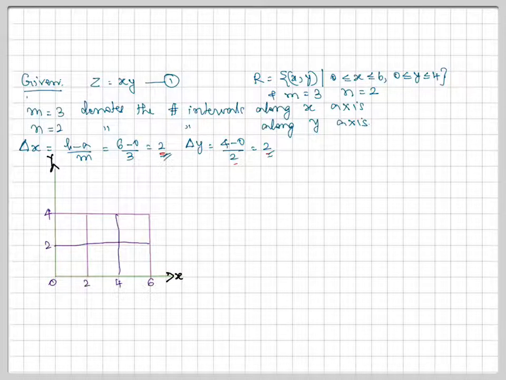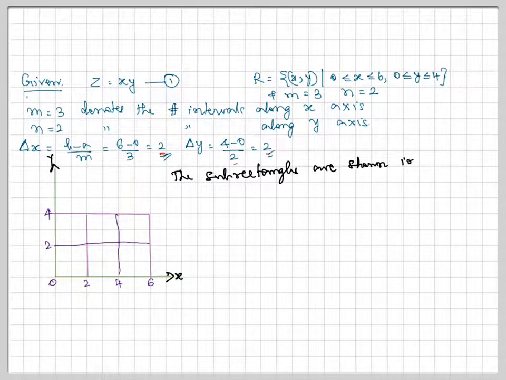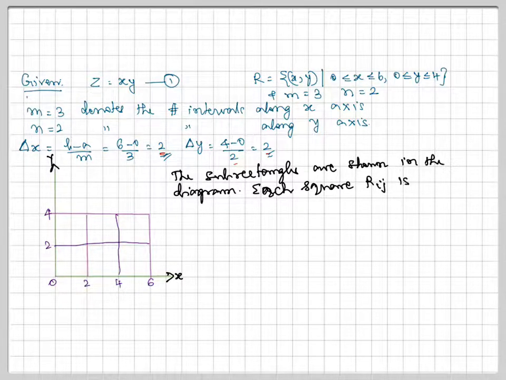For the first part we have to use the right endpoint of each square. The subrectangles are shown in this figure. Each subrectangle or subsquare is of area 2 times 2, 4. Each square Rij is of area delta A, which is equal to 4.